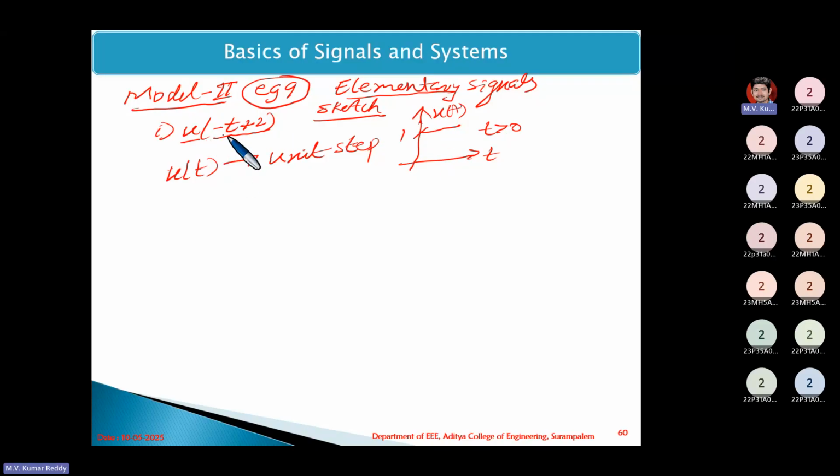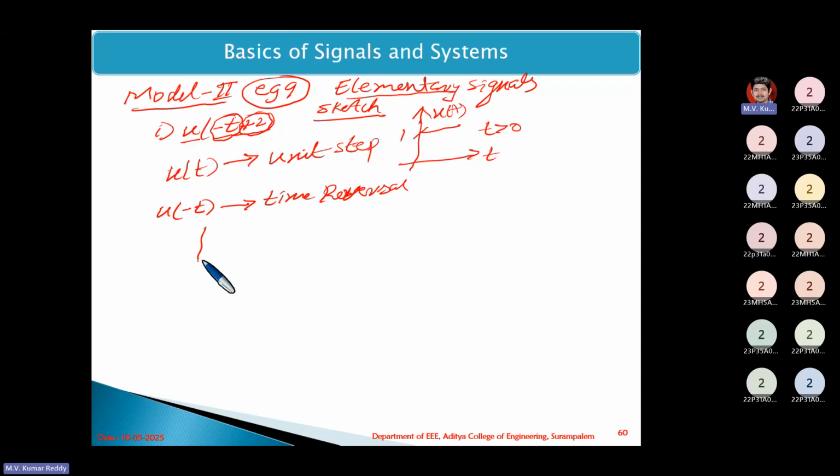Whenever we have minus t, first preference is given to minus t, and second preference to plus 2. So first we go for u of minus t, which is time reversal.